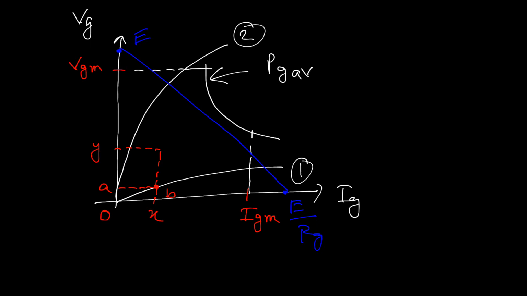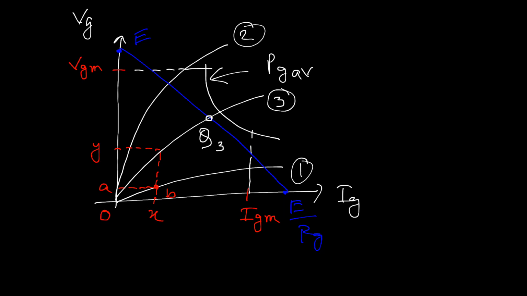on the current axis. Now consider for any given type of SCR, the characteristics are similar to this one, which is defined by, suppose, curve 3. That means the curve 3 and the load line, which is the connection between the 2 points E and E by Rg, is called the Q point or operating point, defined by Q3 for this kind of SCR.